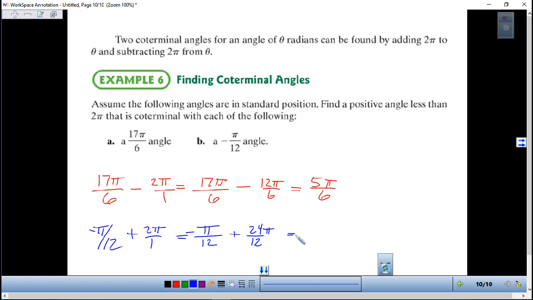So when you add that, you're going to end up with 23 pi over 12. And that is less than 2 pi, because 2 pi would be 24 over 12, so it is positive. So that's going to be coterminal with negative pi over 12.